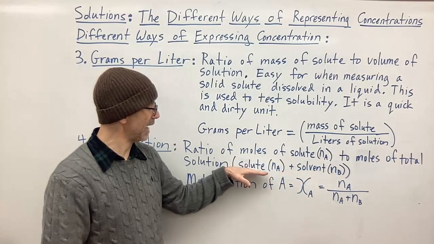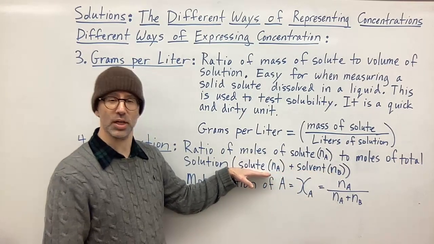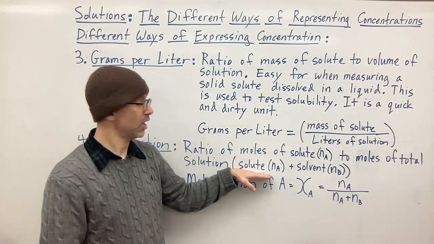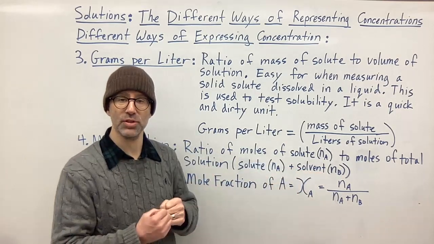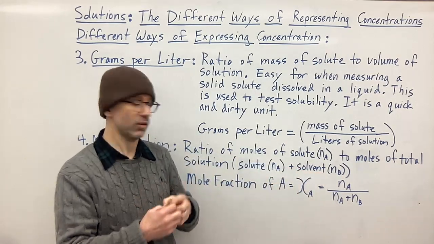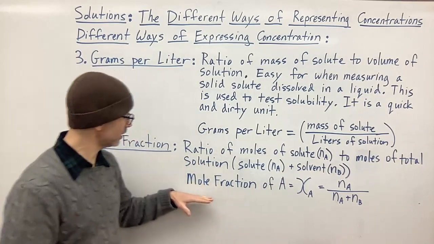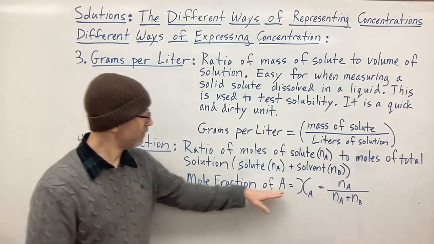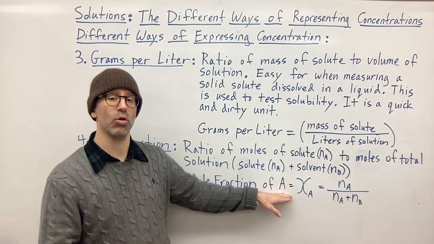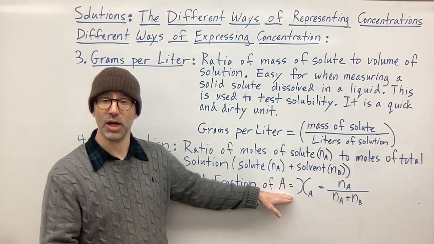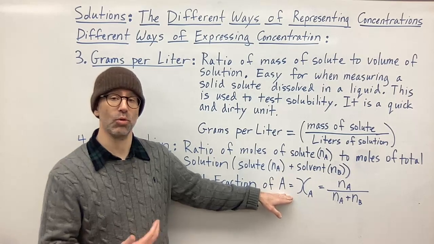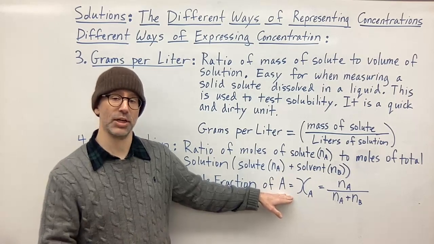So we're going to be adding together the moles of the solute to the moles of the solvent, and that gives you the total moles of the solution. And so when we calculate the mole fraction of a certain solute, if you have multiple solutes, you can get the mole fraction of each as long as you know what the total moles of everything mixed together is.